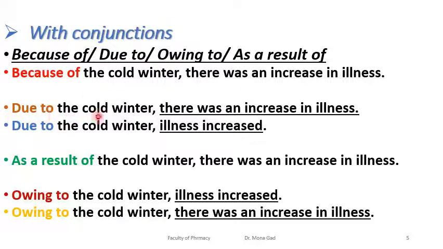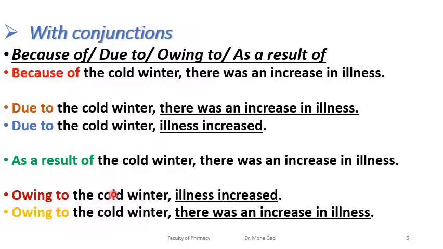Due to the cold winter, conjunction, cause, our emphasis, there was an increase in illness. Due to the cold winter, illness increased. The same information but written in another way. As a result of the cold winter, there was an increase in illness. Again, emphasis is on the cause.